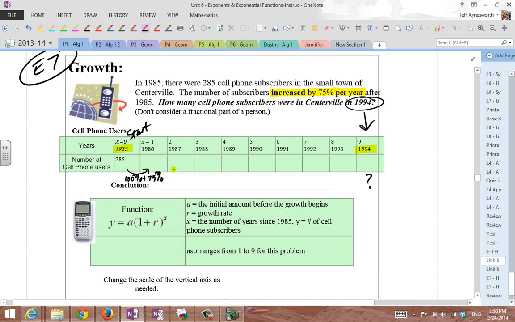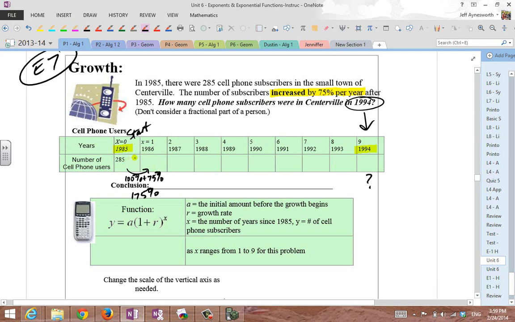Well, you guessed it, that's 175% of the total. So let's write that down. So in 1986, there's 175% of the starting number of cell phone subscribers in 1985. So the question is, what's 175% of 285?